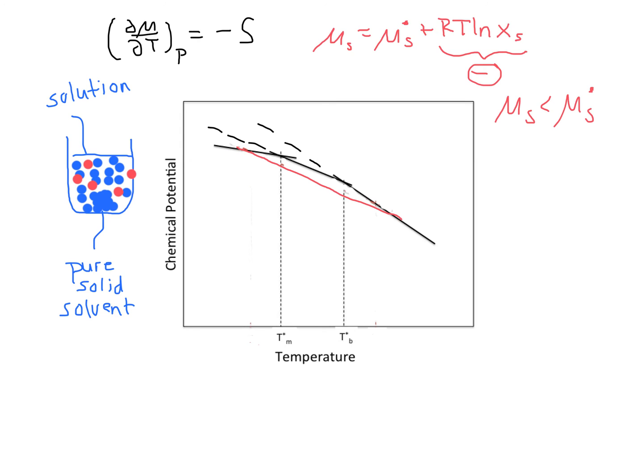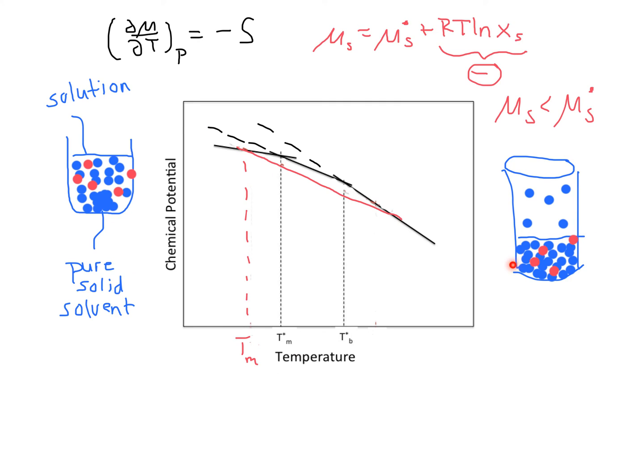Notice that the chemical potential of the solution and the chemical potential of the solid now are the same at a much lower temperature than the pure solvent. So the melting point of the solution is depressed or lowered over the melting point of the pure solvent. Thus we say that we have melting point depression in a solution.